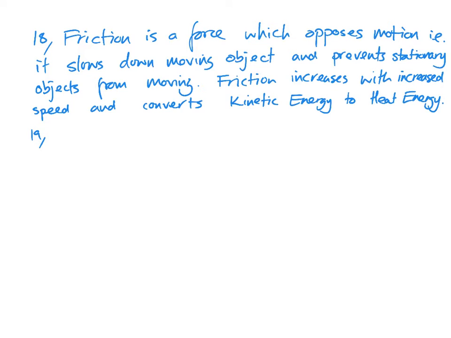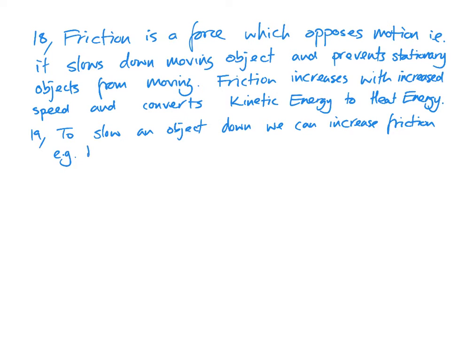So to slow an object down or stop it from moving, e.g. the brakes on a bike rub against the wheel. So when you pull the brakes, it pushes the brake pads in against the wheel.